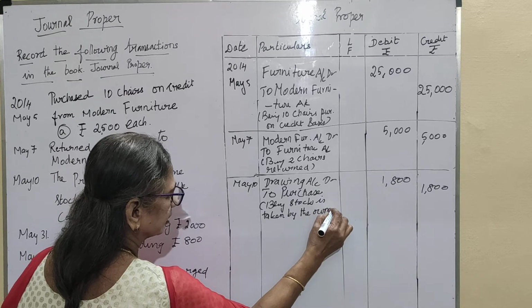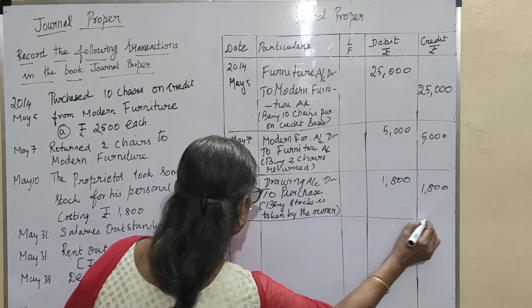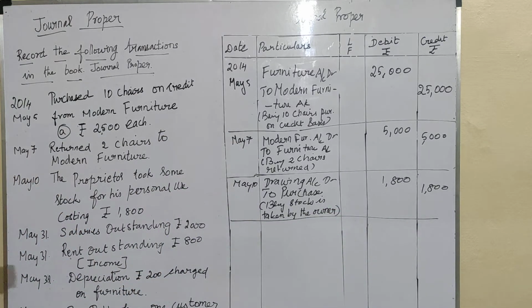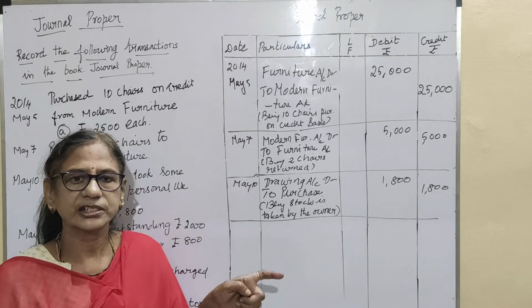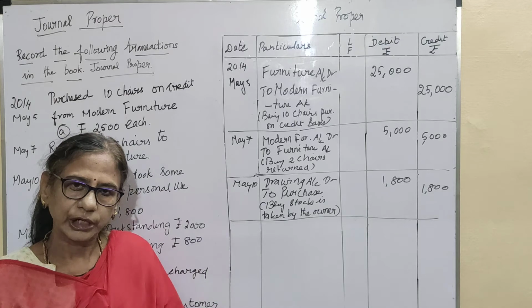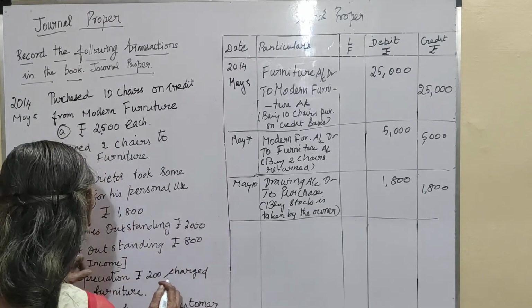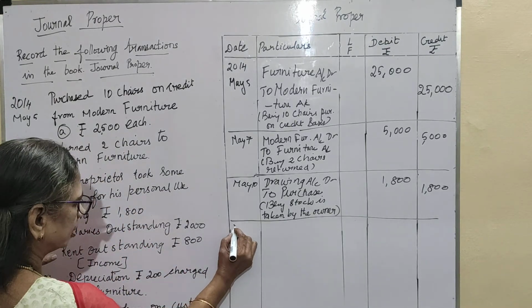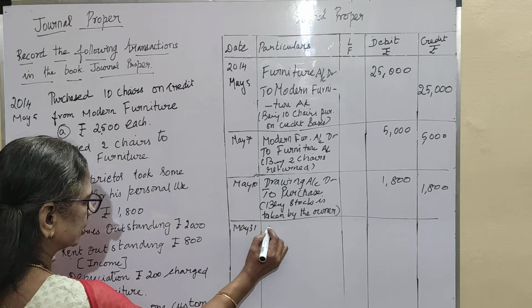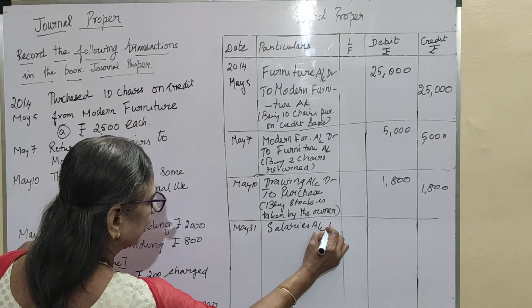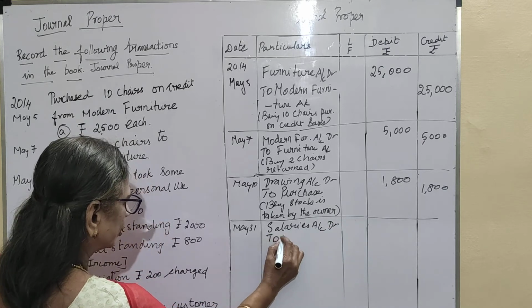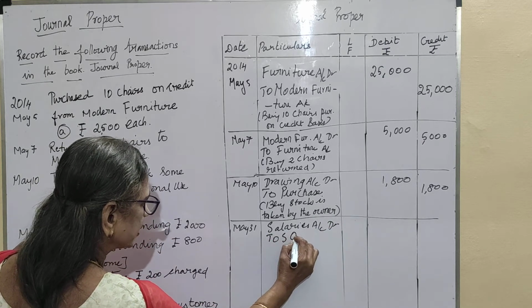Next transaction, salaries outstanding. I told you already, salaries are an expense. All the expenses are debited according to the nominal account rule. Now let us write down this transaction. May 31st, salaries account debited to salaries outstanding account.